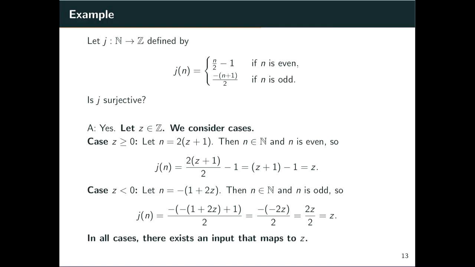I guess maybe the misleading thing here is we kind of just come up with these numbers. What you'd probably do in the side working is say that this is equal to z. Have z equal n over 2 minus 1, z plus 1 is equal to n over 2, so n is equal to 2z plus 1.